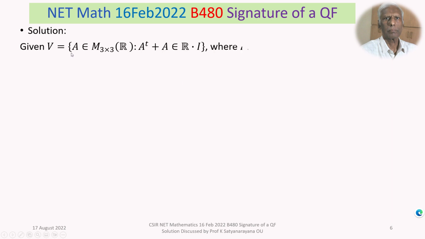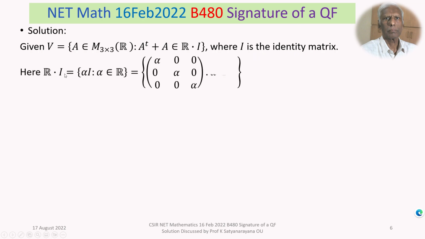Given V is the set of all those matrices coming from M 3 by 3 over R, that is, the vector space of all 3 by 3 matrices with real entries, such that the transpose of A plus A belongs to R dot I, where I is the identity matrix.